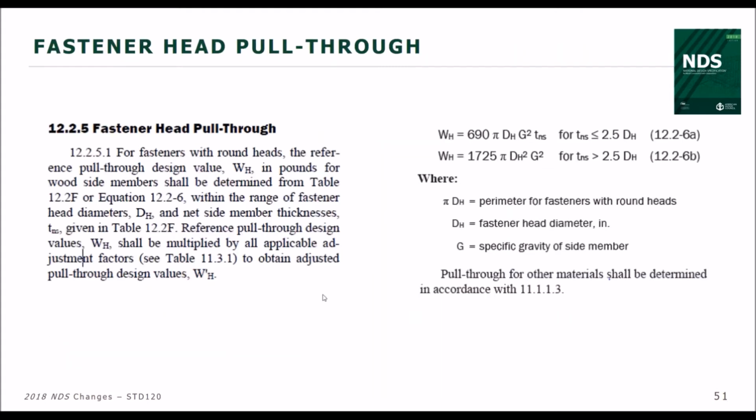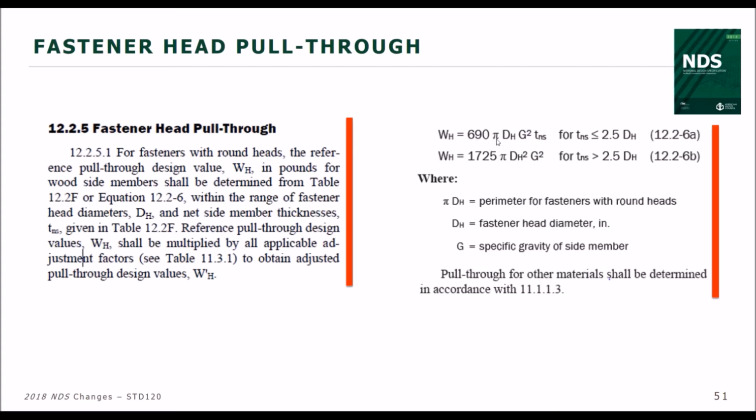I'll keep on going, and we'll talk about the new design provisions for the 2018 NDS dealing with fastener head pull-through. So just jump over here to the right-hand column, look at the equation W sub H, and this is for a side member thickness, a net side member thickness less than 2.5D.